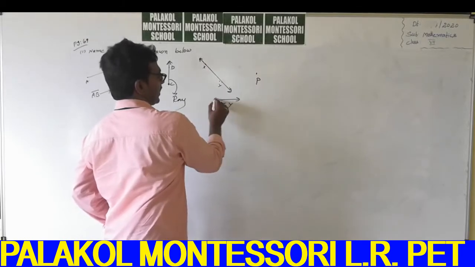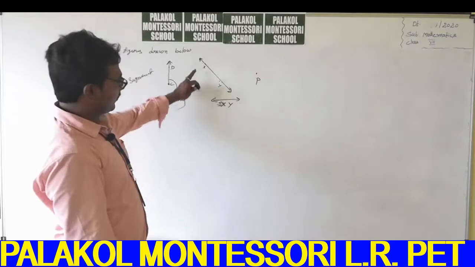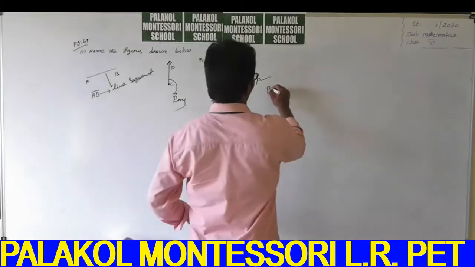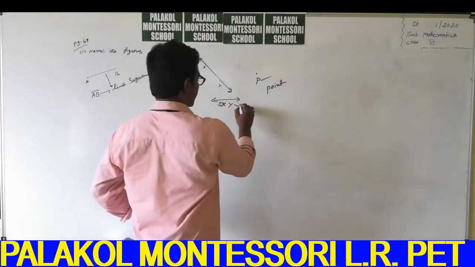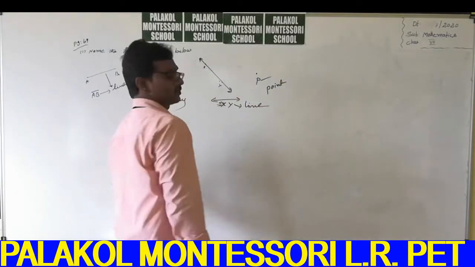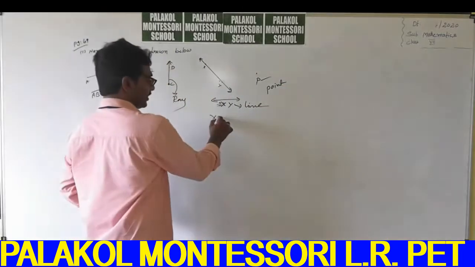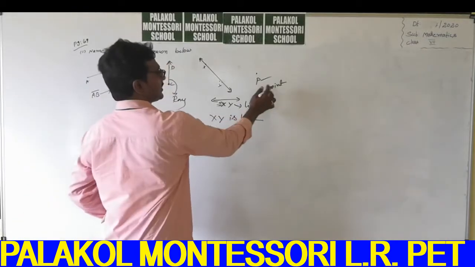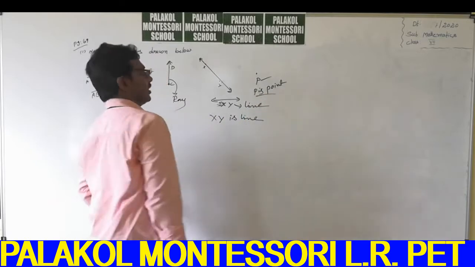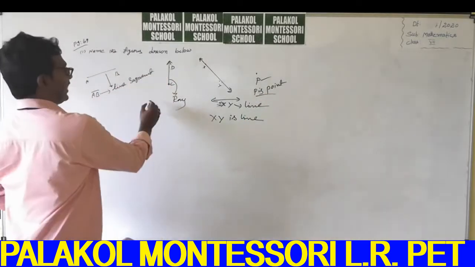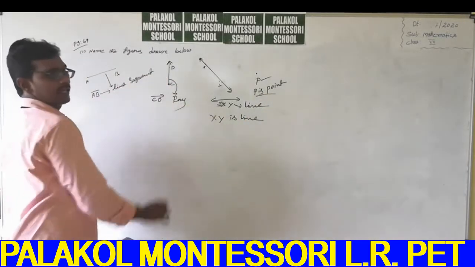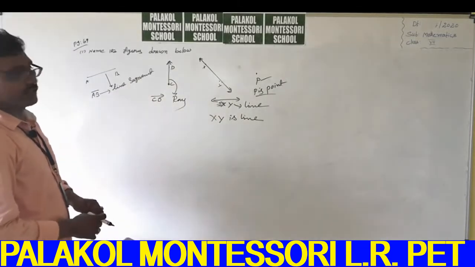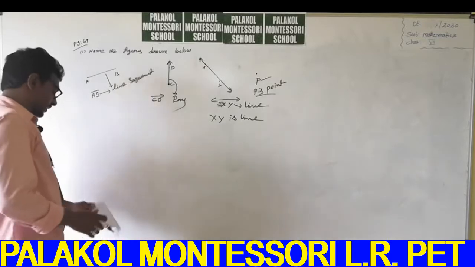XY is a line. This is called a point. XY is a line. You write this one. XY is a line. P is a point. This CD is a ray. So AB bar is a line segment. Okay, clear? Next one.